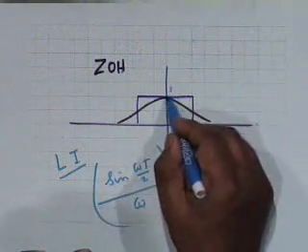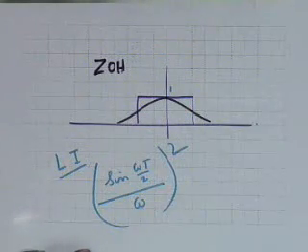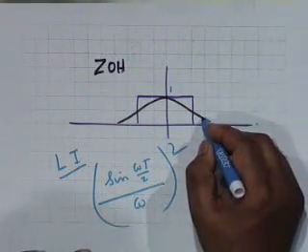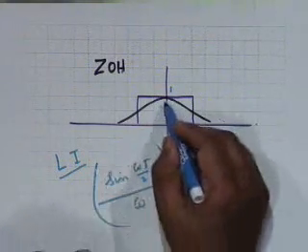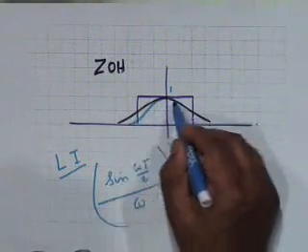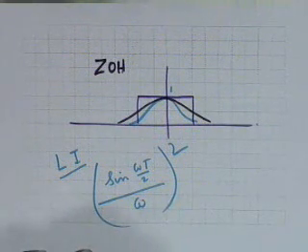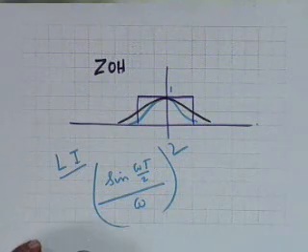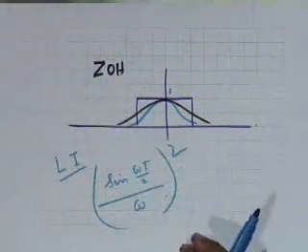That means if this is 1, 1 squared is 1, but 0.9 squared is 0.81. Where the response is 0.2, the square of that is 0.04, and therefore it falls much steeper like this. So a linear interpolator is a better approximation to a low pass filter, and these two are simple cases of low pass filtering or interpolation.